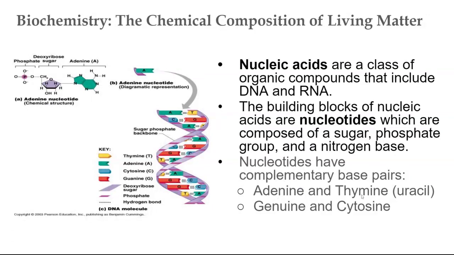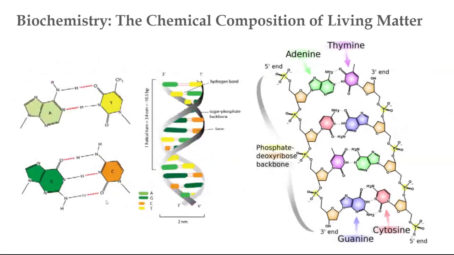We have adenine and thymine, guanine and cytosine. That is not supposed to be genuine. That is guanine. That's misspelled. Guanine, right here, guanine. I will fix that. If we're talking about DNA, if we're talking about RNA, RNA does not have thymine. Instead, it has something called uracil. So here's a more detailed structure.